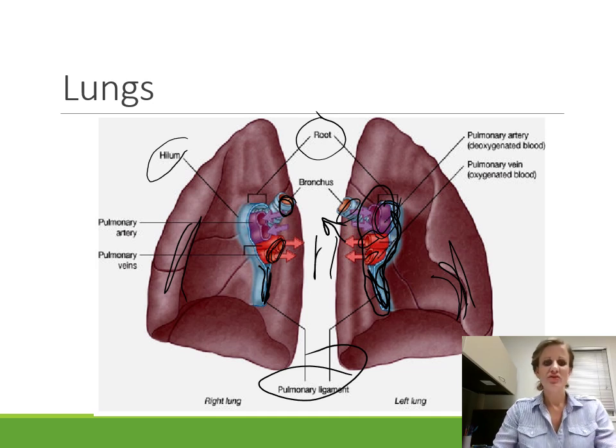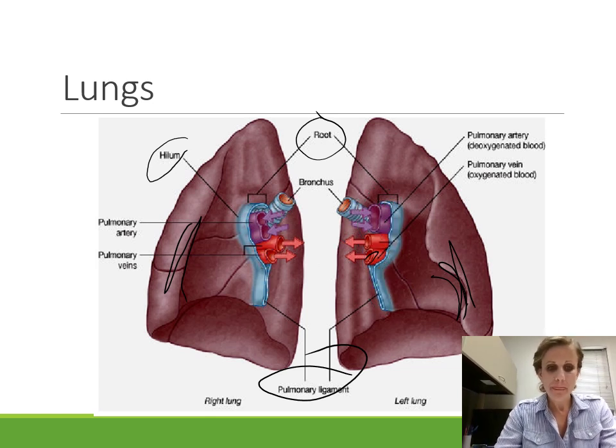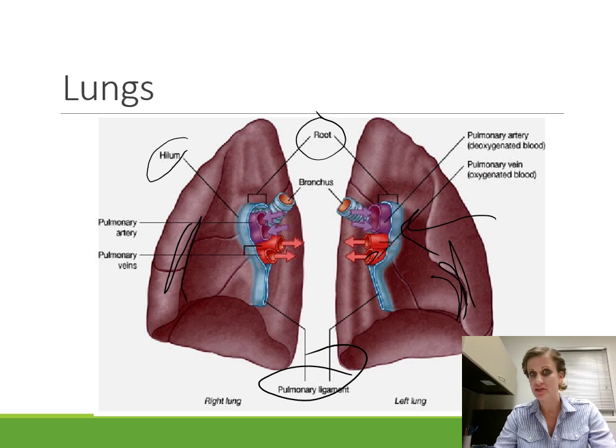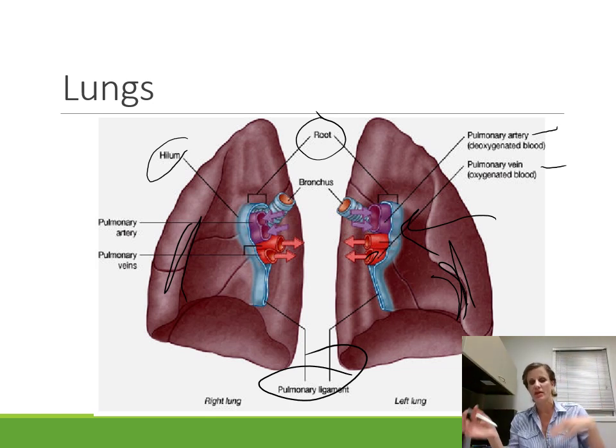What else? Oh, the only other thing to notice here, and this is more physiology, is the coloring on these pulmonary arteries and pulmonary veins. This is weird. Normally, arteries are colored red because they have oxygenated blood, and veins have deoxygenated blood. Remember, pulmonary circulation is the only circumstance where that is flip-flopped, because we're sending the blood to the lungs to pick up air.